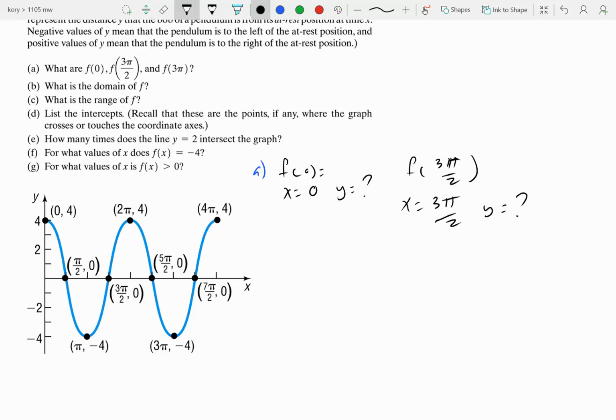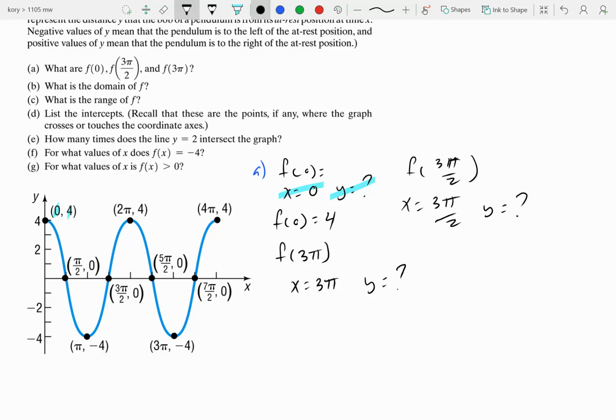And then for f of 3 pi, if x is 3 pi, y is what? So all we're going to do is just look for those x values. So when x is 0, y is 4. See it? When x is 0, y is 4. So f of 0 equals 4.